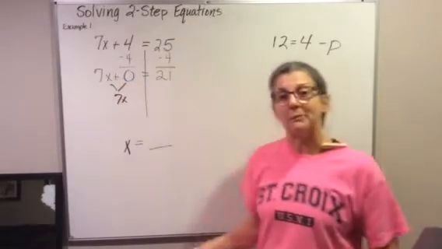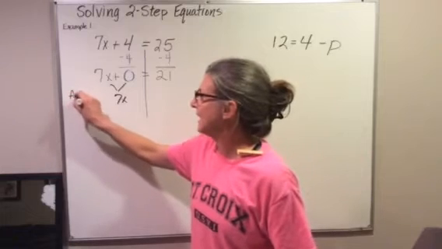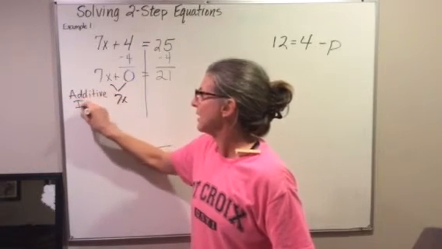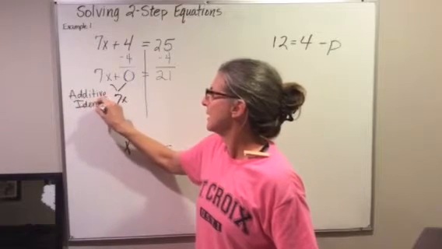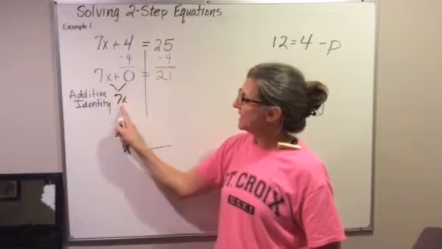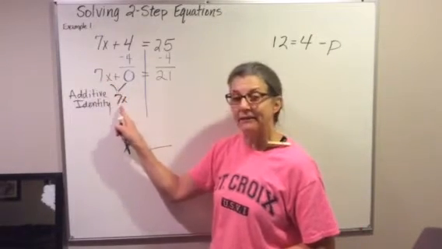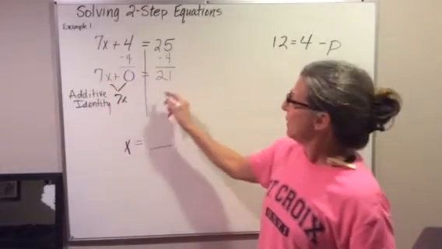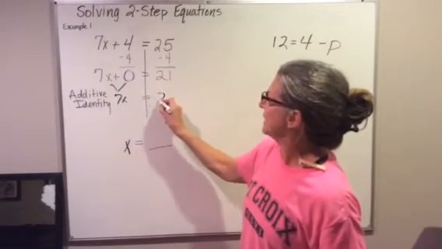That property we talked about this morning, that's called the additive identity, which means when I add 0 to any number, I get that identical number back again. So now I know that 7x is equal to 21.